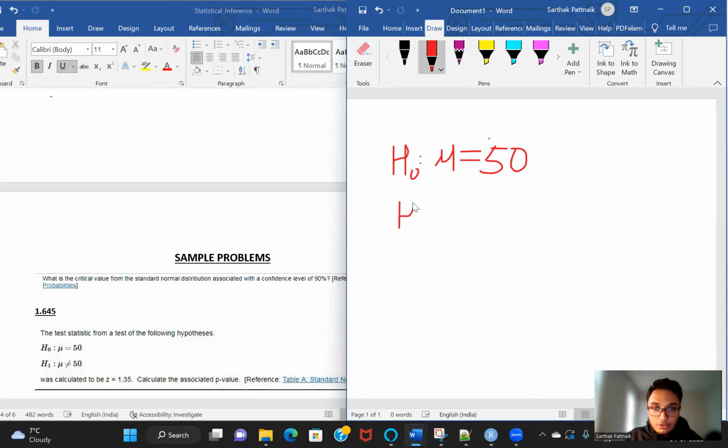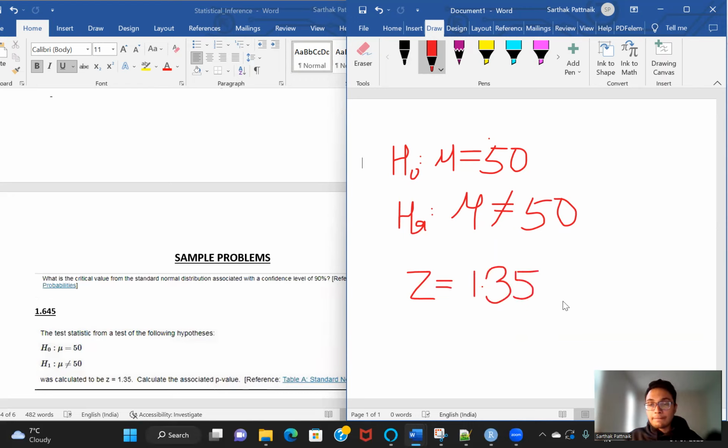We have our alternate hypothesis as mu is not equal to 50. And we have been already given the test statistic, which is 1.35. Okay. Now, with all this information given, we need to calculate the associated p-value.